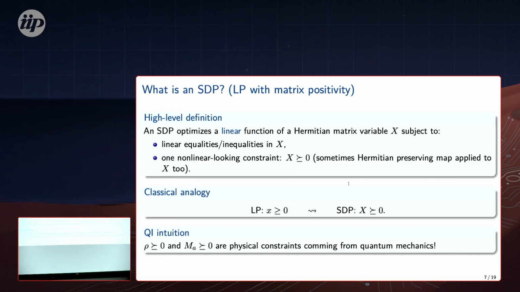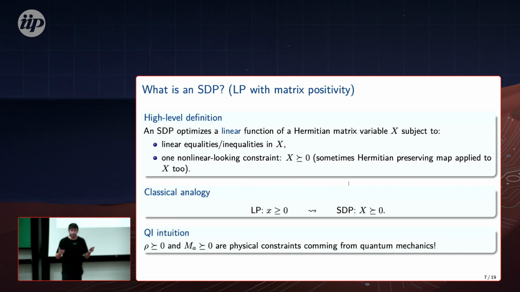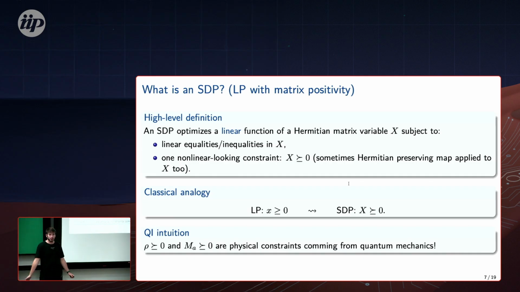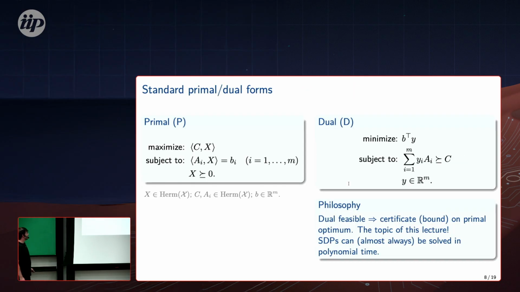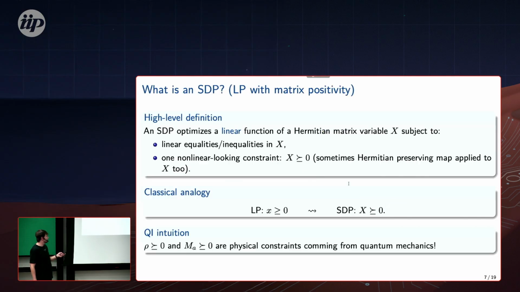And SDPs can be seen as some sort of matrix version of linear programs. So what are linear programs? Maybe you've encountered them before, even if you haven't seen SDPs. This is another very important family of convex optimization problems. And they are essentially the same thing, but instead of looking at matrices that are positive semi-definite, you have vectors which have positive entries. So it's really the natural generalization to matrices of linear programs.